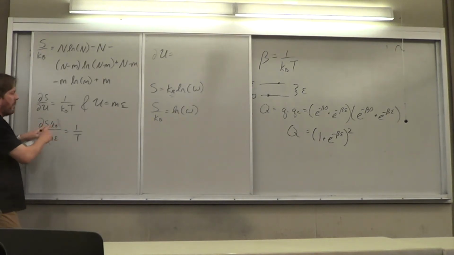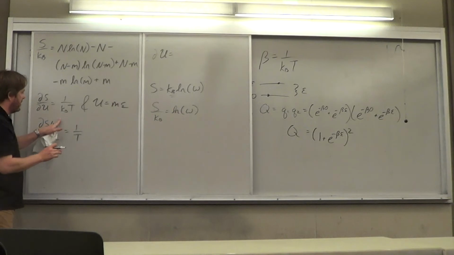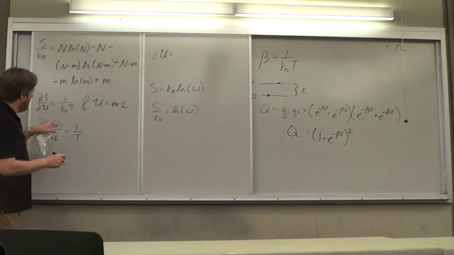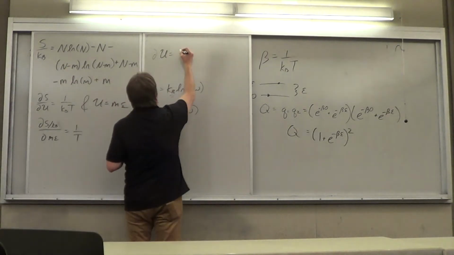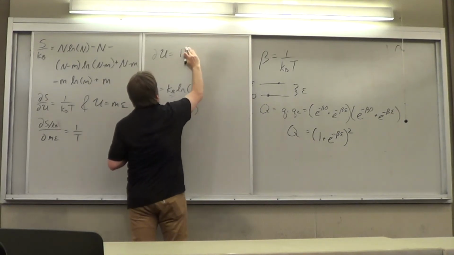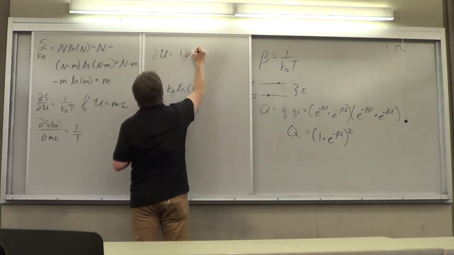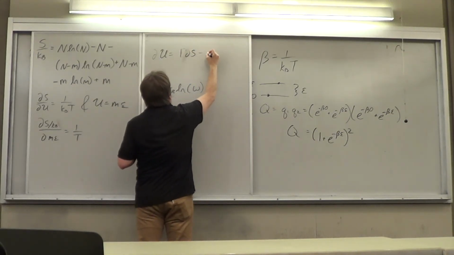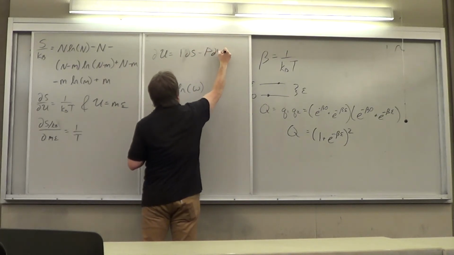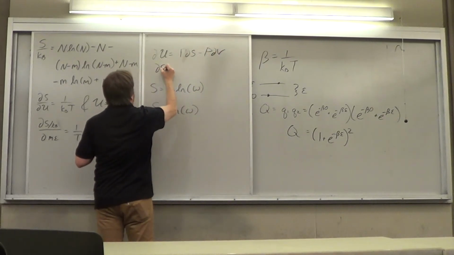So wherever I write an S, I need to also remind myself to divide by kB. And also, don't forget this. We covered this on the first day. And therefore, dS.